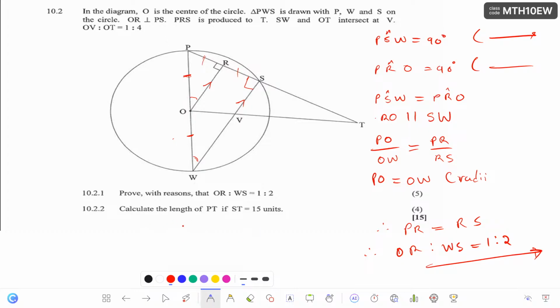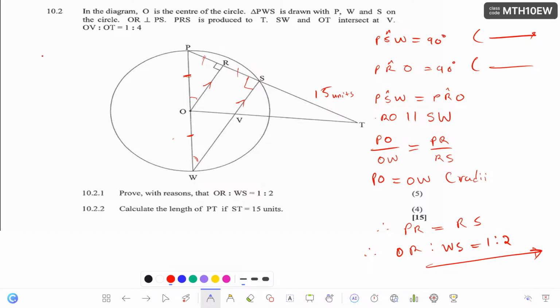So okay, now they said calculate the length of PT if ST is given as 15 units. This one is going to be simple because we already did the complicated part.